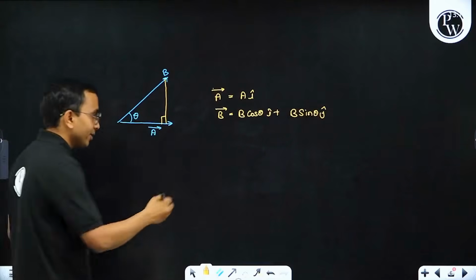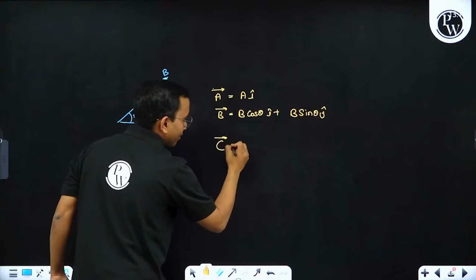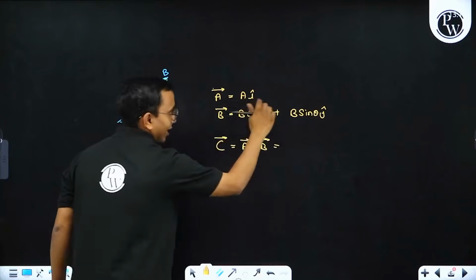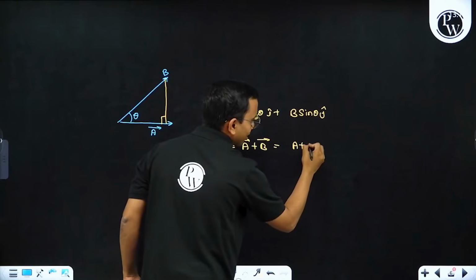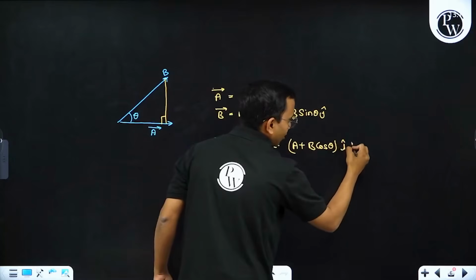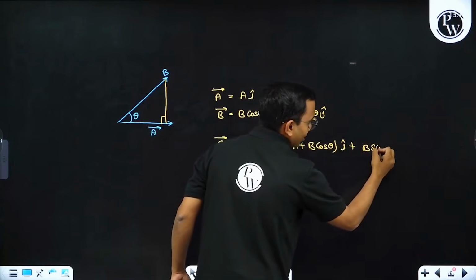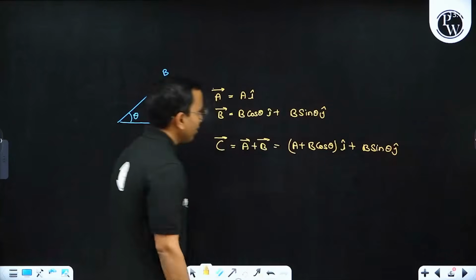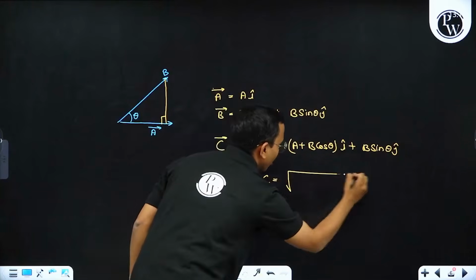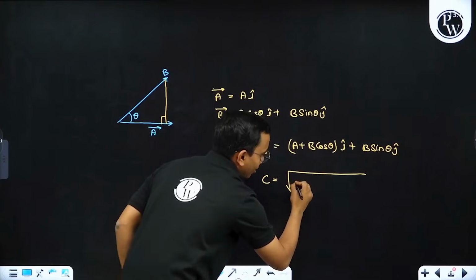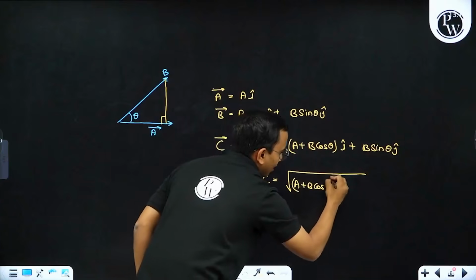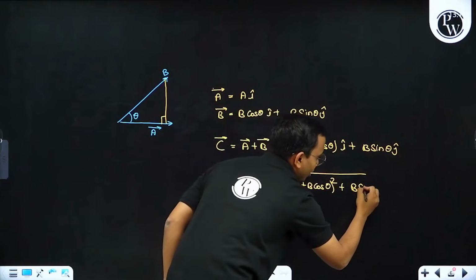And now I need to take the resultant C, that is A plus B. You can add i cap with i cap, it will become A plus B cos theta i cap plus B sin theta j cap. And if you have to write the magnitude, you can write root of the component along i cap square plus the component along j cap square.